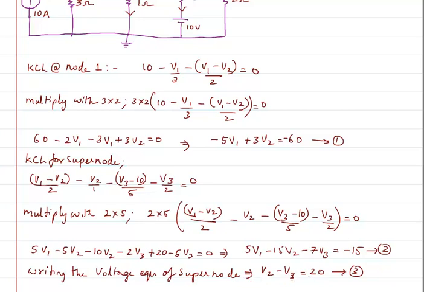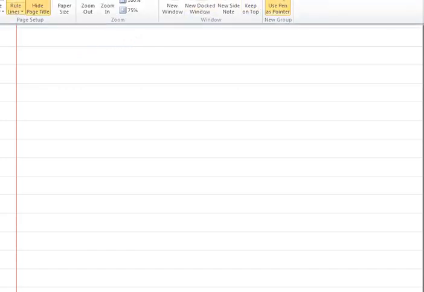So solving 1, 2 and 3, I will get the value of V1 as 19.04 volt.